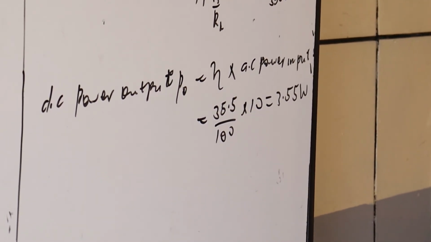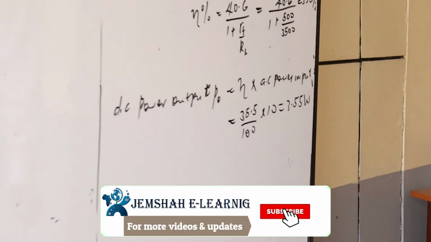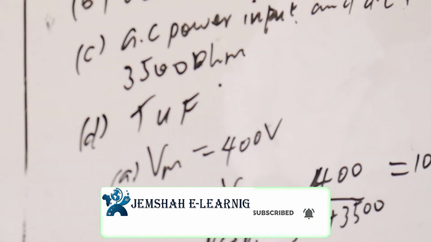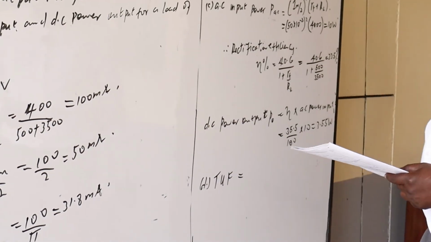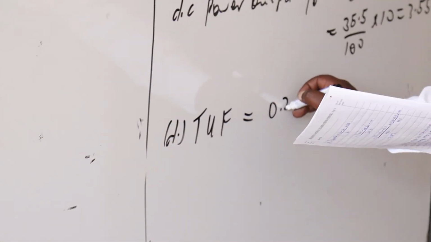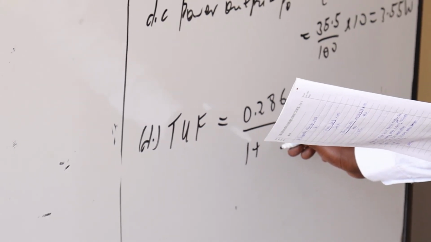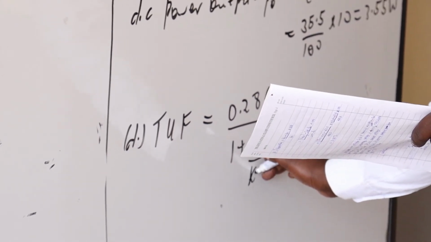Then lastly is the TUF, transformer utilization factor. So TUF is 0.286 all over 1 plus RF over RL.